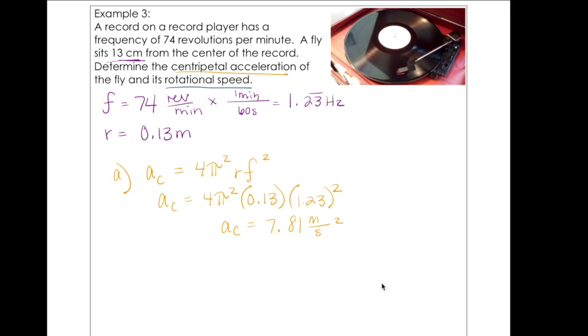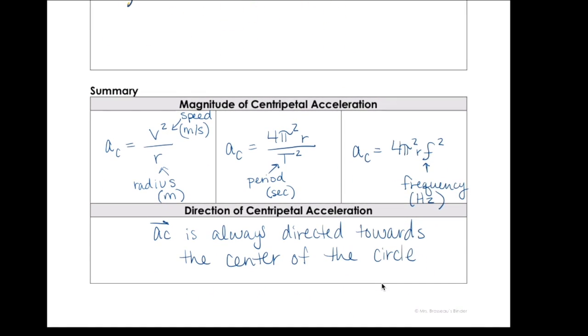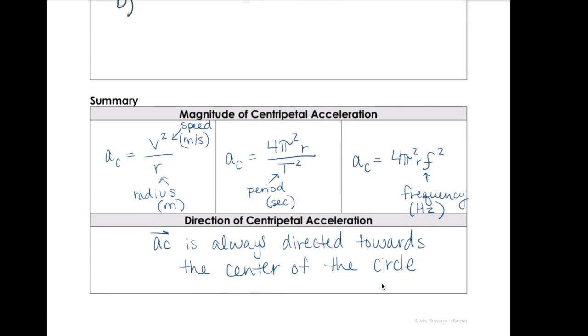Now for part 2, finding the rotational speed. We'll call it part B. For rotational speed, if you remember, the equation that has speed is the very first one.